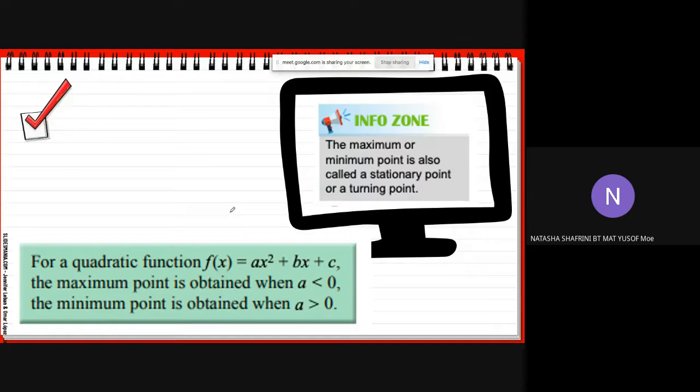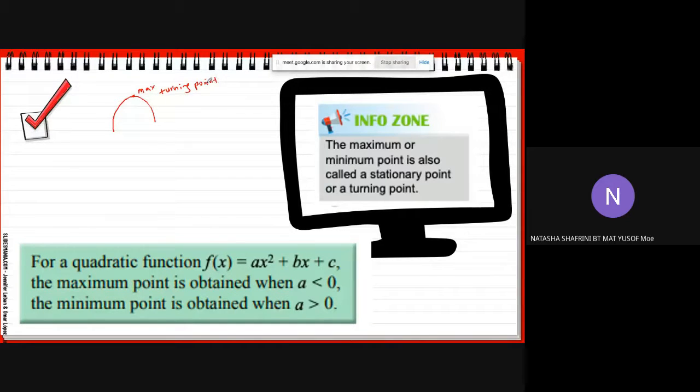Okay, kenapa kita panggil turning point? Kalau you nampak, dia satu stationary point, dia static kat situ, then turning point, kalau you tengok shape of graph, kalau N shape, dia naik, then sampai dekat maximum point, dia turn, turun bawah. So, ini kita panggil maximum atau ini adalah turning point.